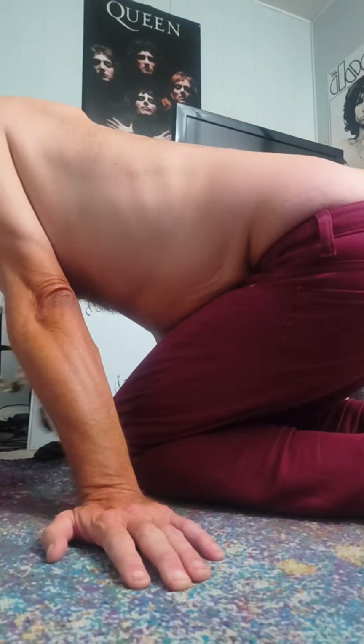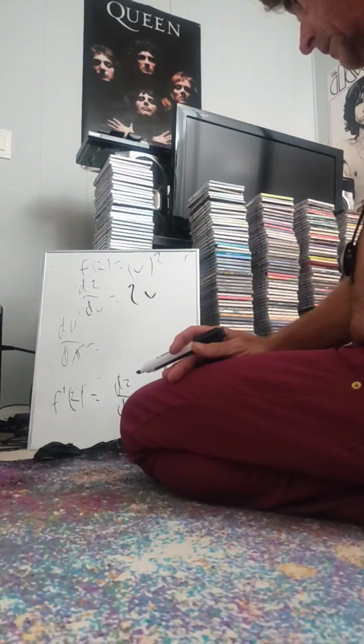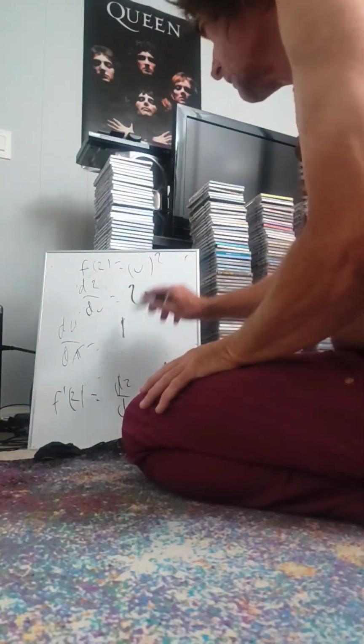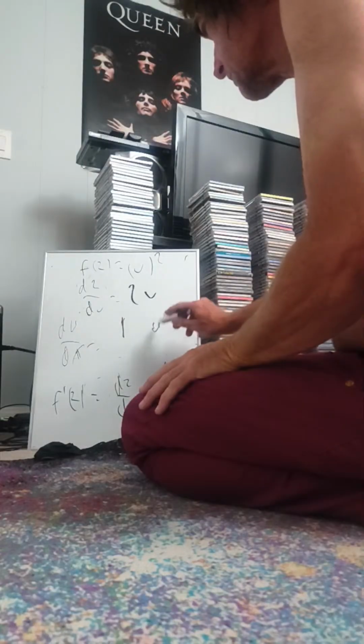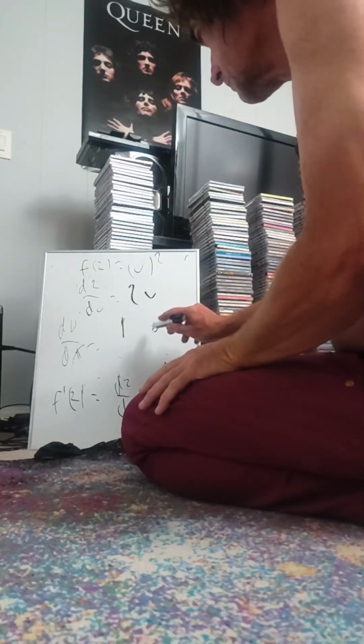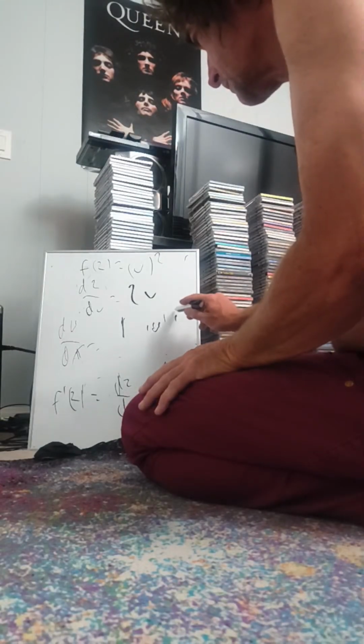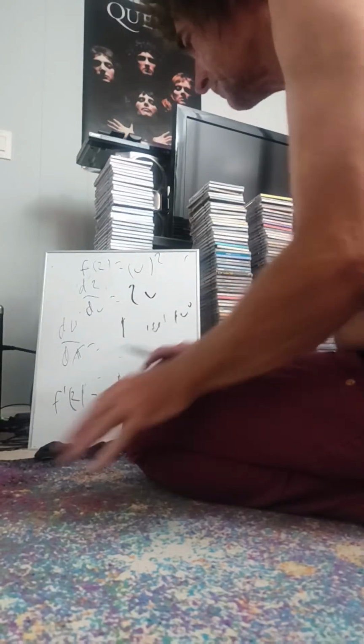What did I say that u was? du/dx, since u is just u, so du/dx equals 1, because the derivative of u to the 1, which is u, 1 times 1 is 1, 1 minus 1 is 0, that's u to the 0, but u to the 0 is 1, so it's equal to 1.